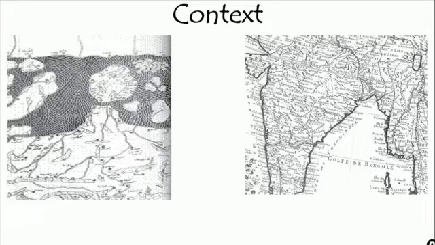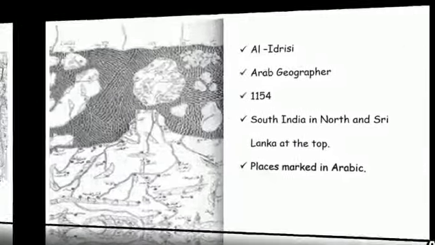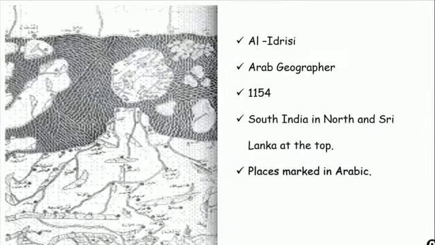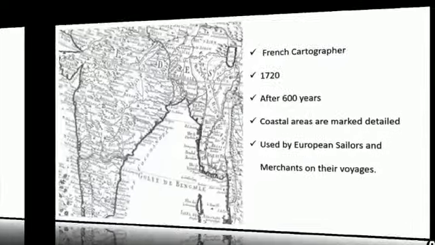Look at the maps. These maps were made in the medieval period by different people. We'll see map 1 first. This is a map of the Indian subcontinent made by the famous Arab geographer Al-Idrisi in 1154. It shows South India in the north and Sri Lanka at the top, and the places are marked in Arabic. Now look at map 2.